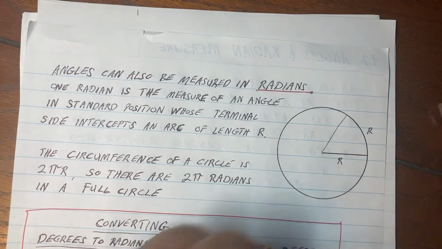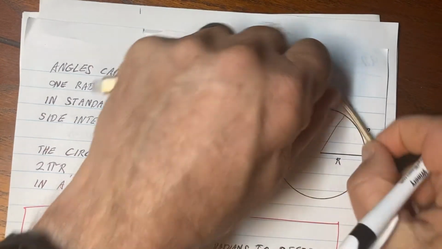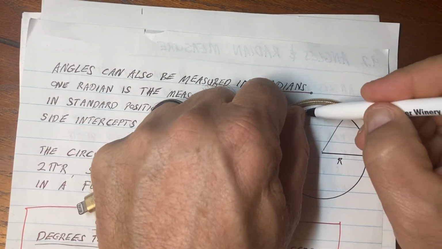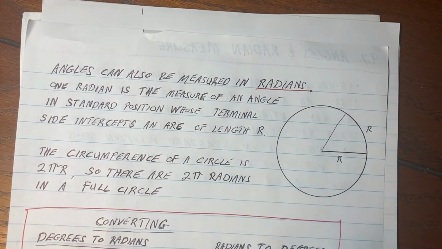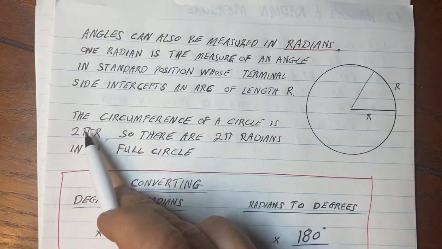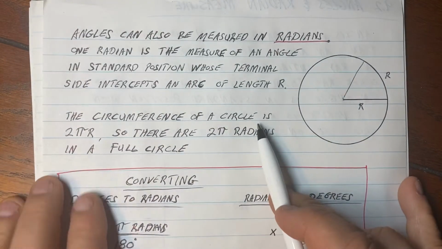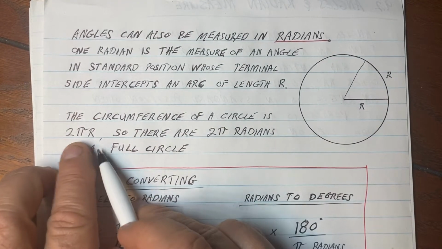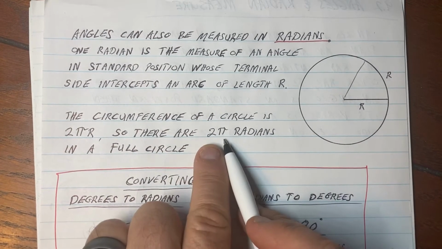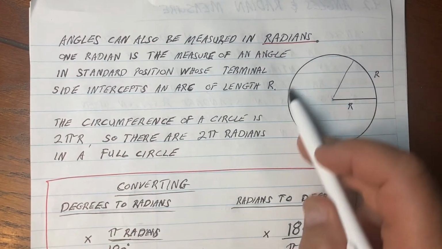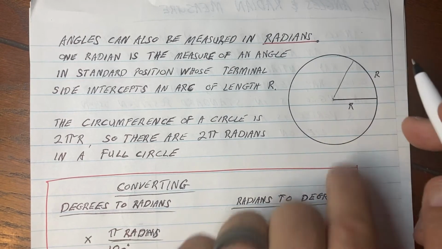And you can keep on going if you wanted to take that distance. There's 1. That would be considered 2 radians, and so on and so on all the way around. The circumference of a circle is 2 pi r, 2 times pi times r. So there are 2 pi radians in a full circle. And 1 full circle is 360 degrees.